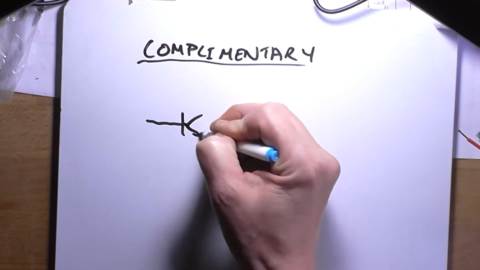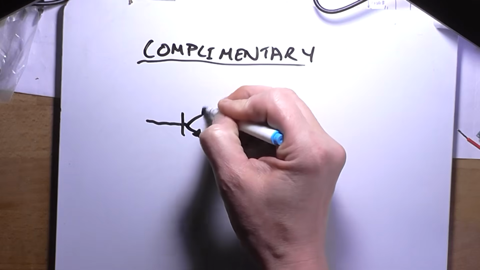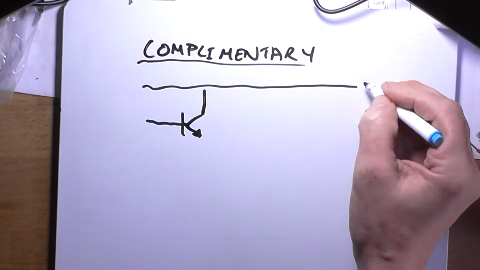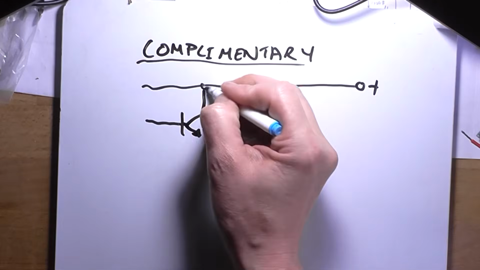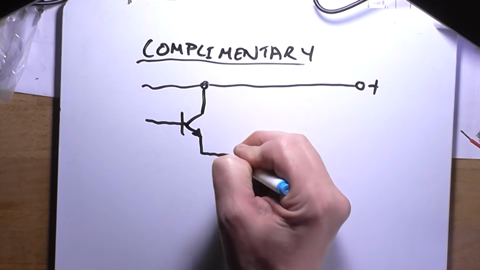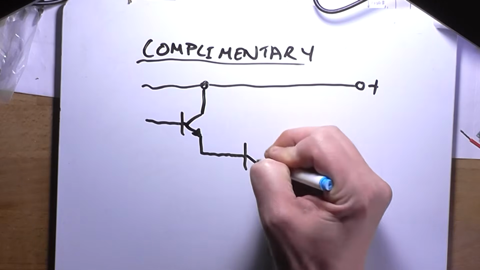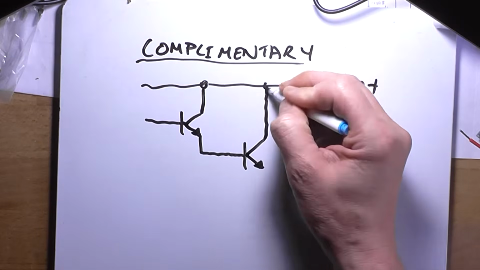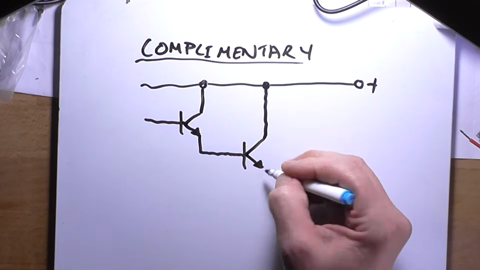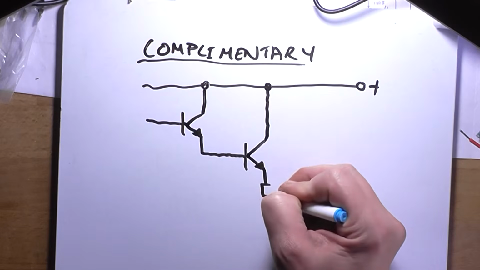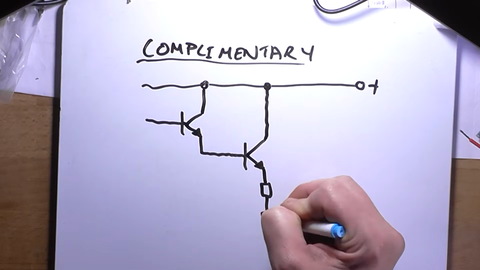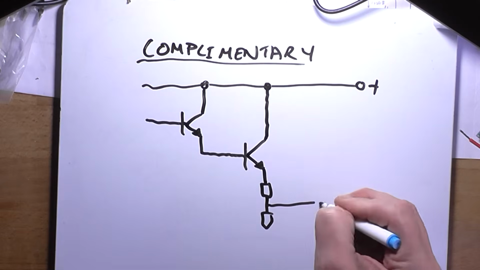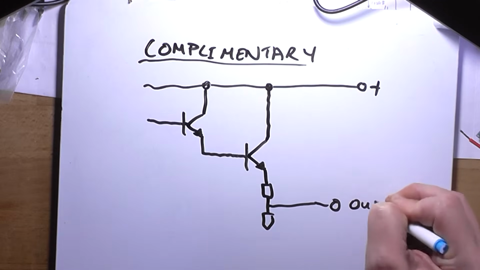our driver transistor, that's an NPN. We have a positive rail. We go into our power transistor, which is also the same polarity as the driver. We go through some degeneration. That's the output.